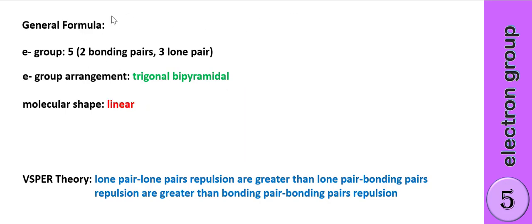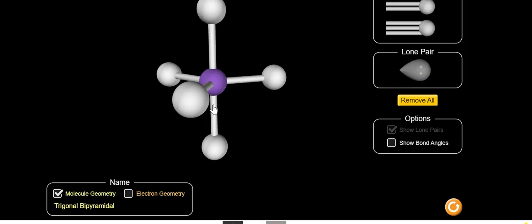And last but not least, in 5 electron groups is 2 bonding pairs, AX2, and 3 lone pairs, E3. The arrangement is still based on the trigonal bipyramidal, but now the shape will become linear. Again, this is the basic shape from trigonal bipyramidal.